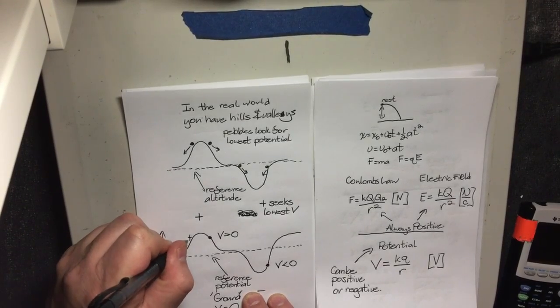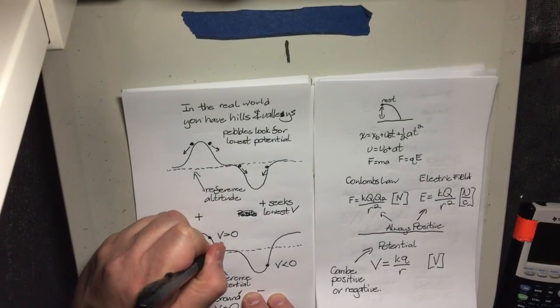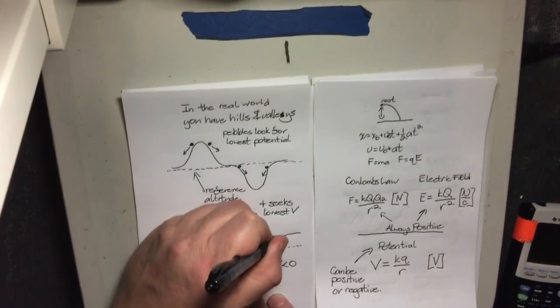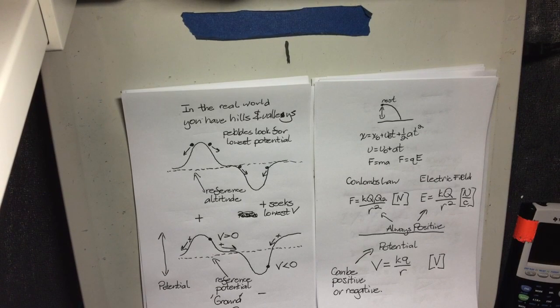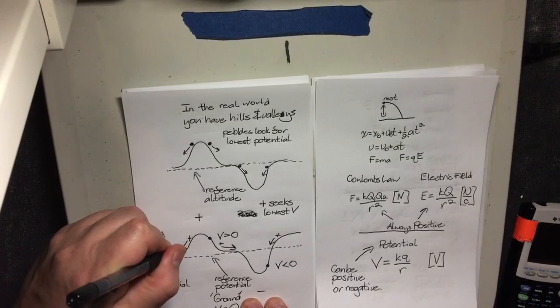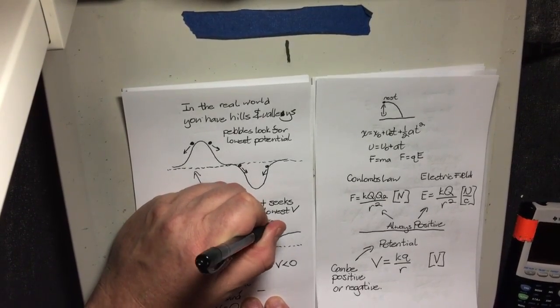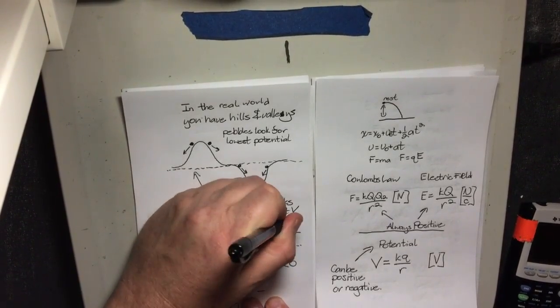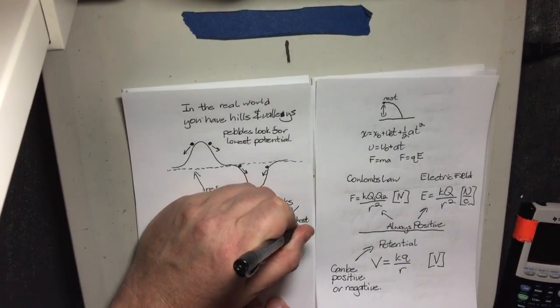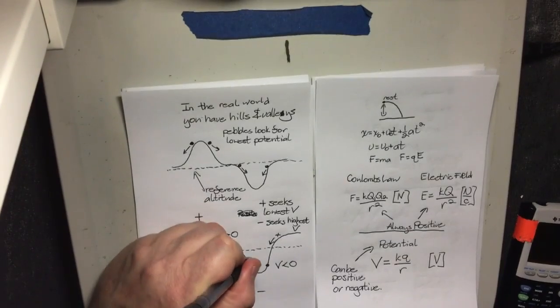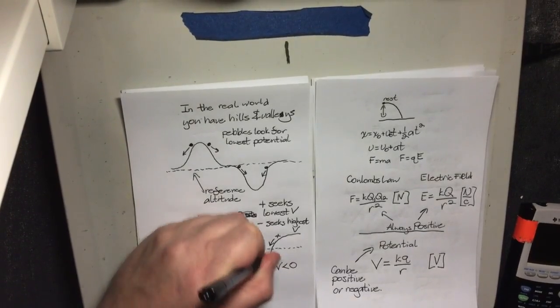So this charge will want to go that way, that charge will want to go that way, this positive charge will want to go that way. And we have a consistent understanding of this. Rocks go downhill. Negative seeks highest potential. So if you have a negative charge, it will want to go uphill.